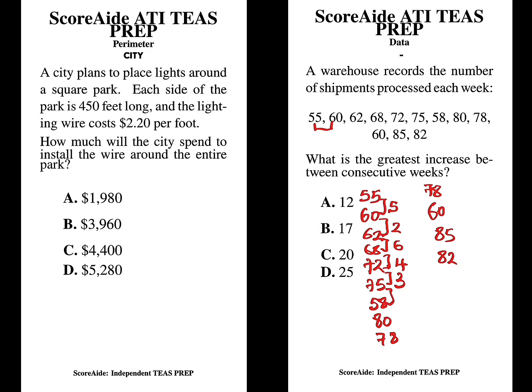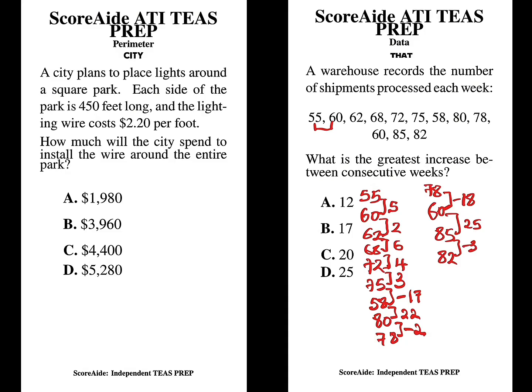58 minus 75 is gonna give us what? It's gonna give us negative 17. 80 minus 58 is going to give us, and 85 minus 60 is going to give us 25. And then we have what here? 82 minus 85 is going to give us -3.